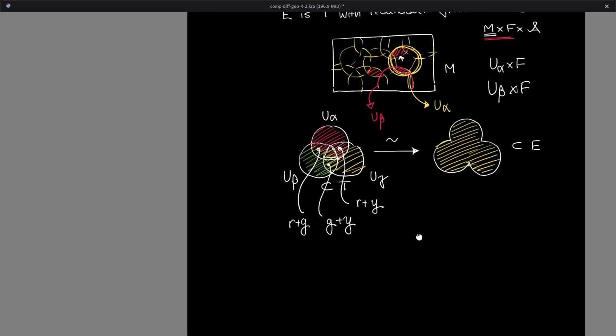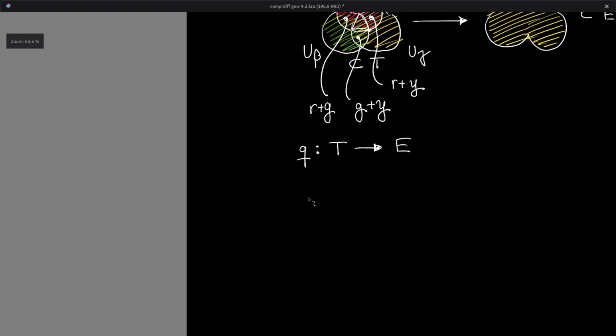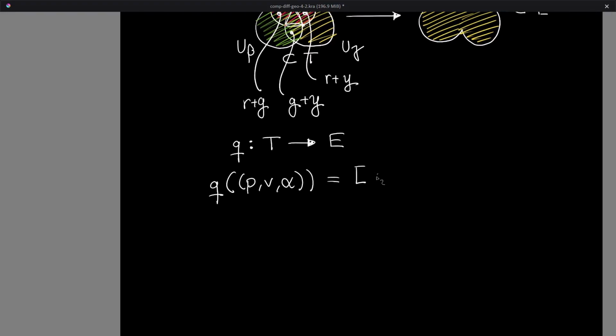So that's what we've done in this part of the proof so far. And now we will move on to the second part, where we define this function q from T to E, which is a function that will take this triple (p, v, alpha) and output its equivalence class.